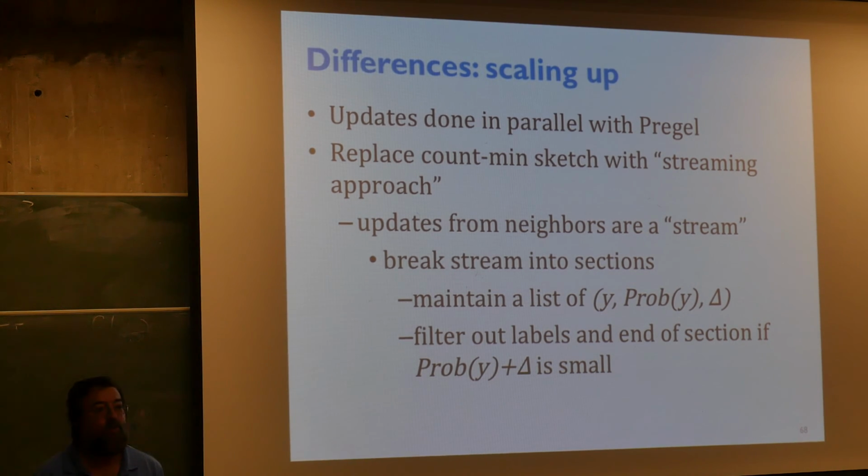So what do they do? One thing they did is parallelize this, and the way they parallelized it is they just implemented it in Pregel. The other thing is they used sketches, but they used another strategy for sketching. This is called a streaming approach. I've only looked at this paper recently, so I haven't gone through the details of the math behind it.